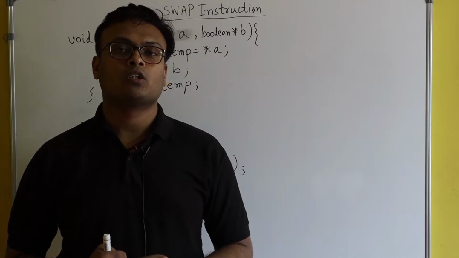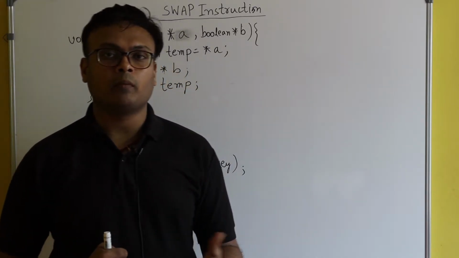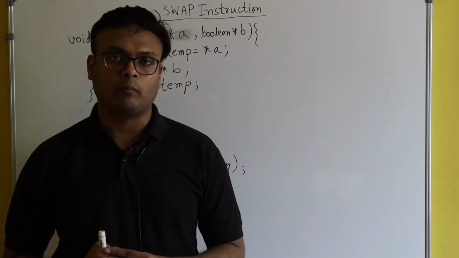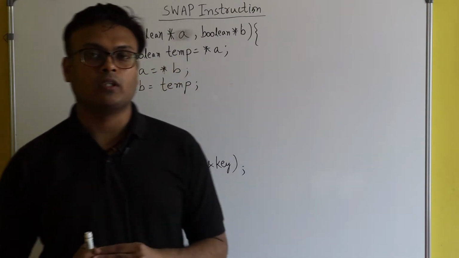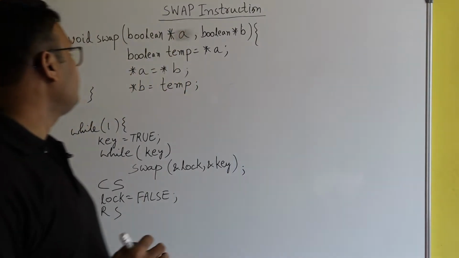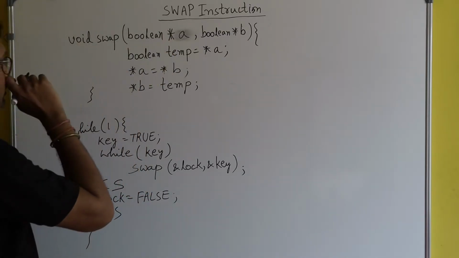Here we will use the swap concept that you might have heard in C programming. Similar swap concept we will use here. So let's see how. You see here I have written the code of the swap instruction.